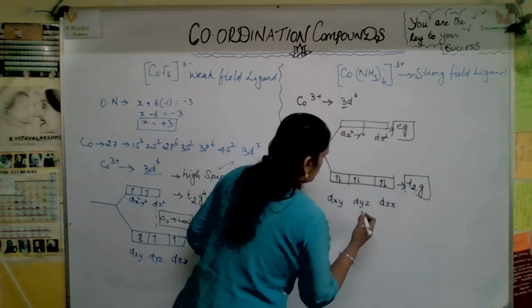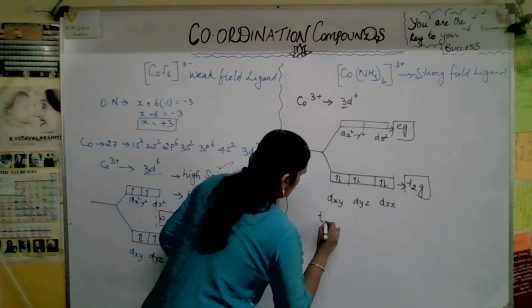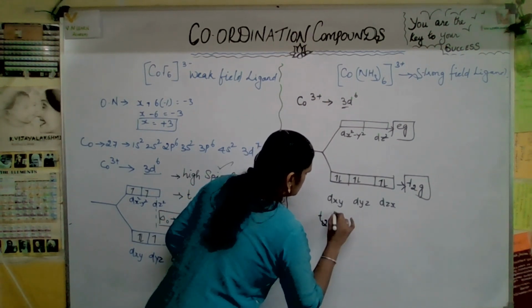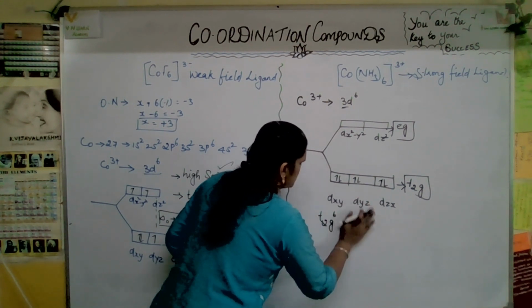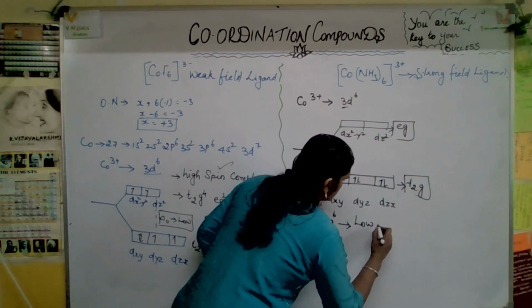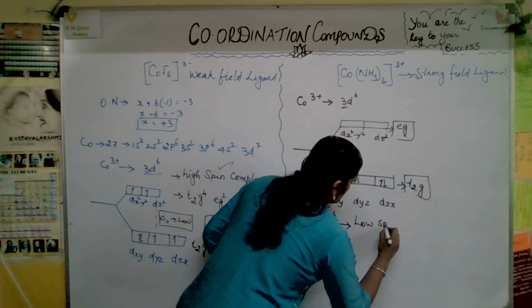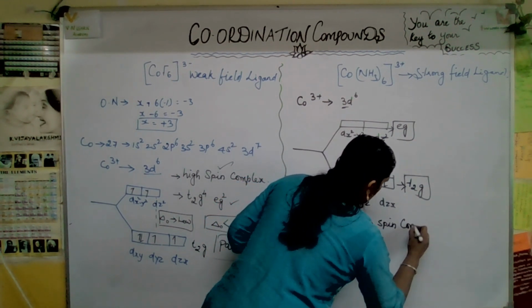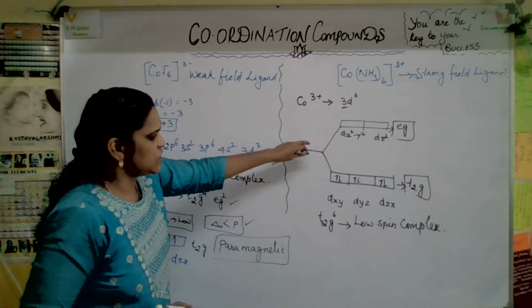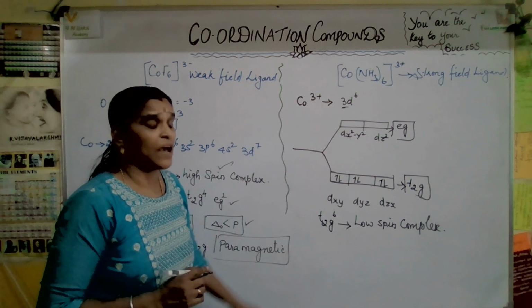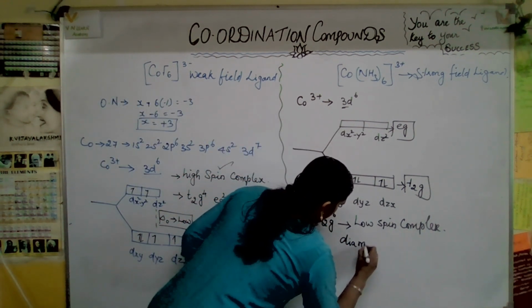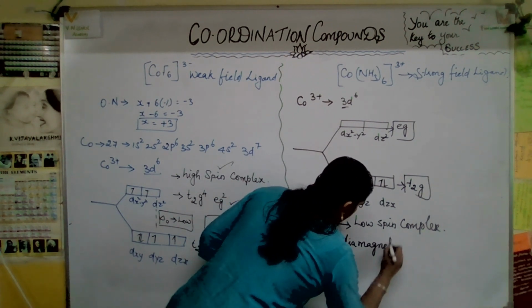So the electronic configuration is t2g6. Right? Now, is this a lower spin or higher spin complex? Low spin complex. Now next one: paramagnetic or diamagnetic? This is diamagnetic.